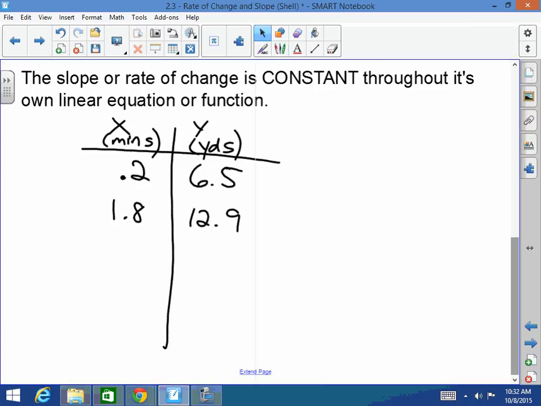And I want to find the rate of change. Can you do it in your head real quick? Okay, the answer is no, guys. I'm not trying to make fun of you guys. I'm trying to prove a point.